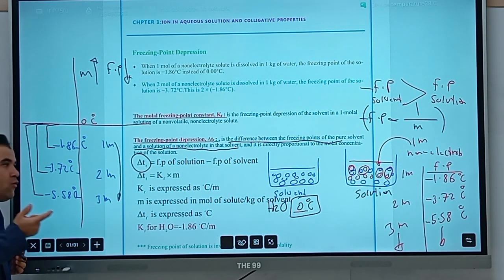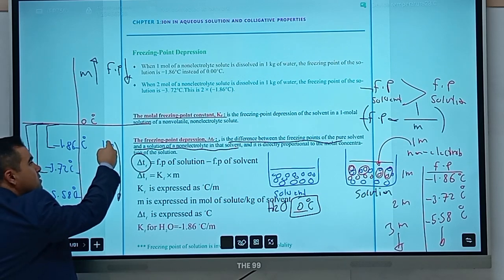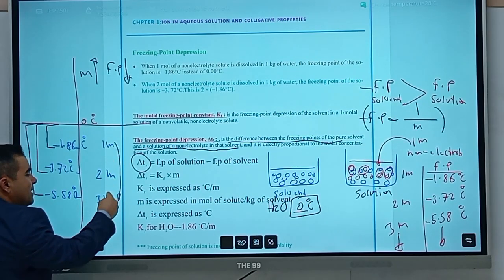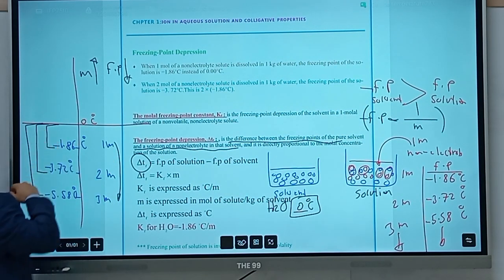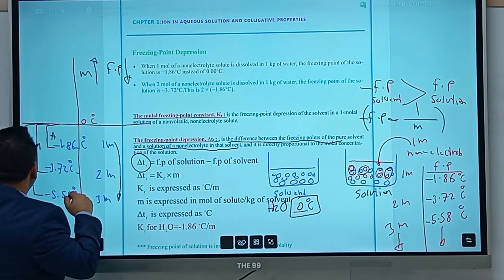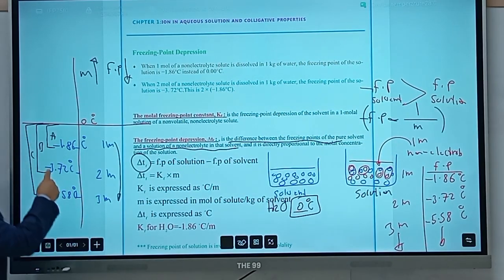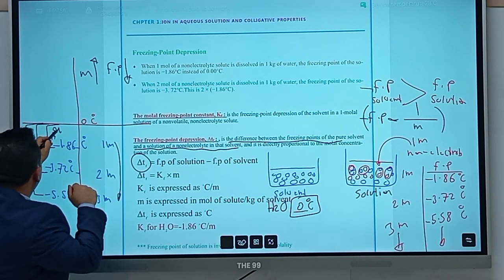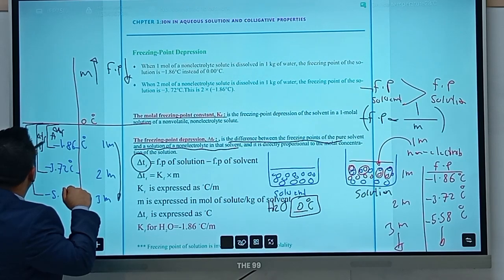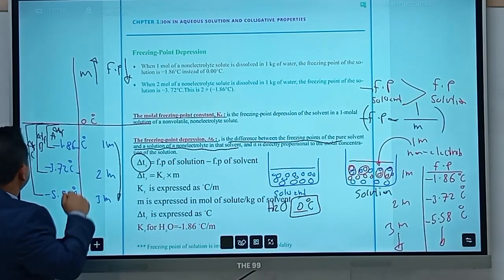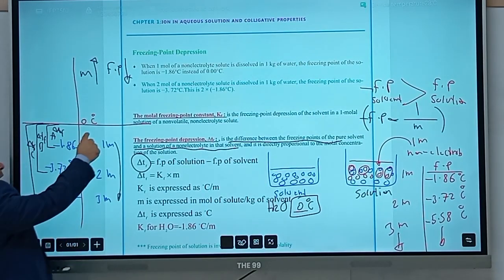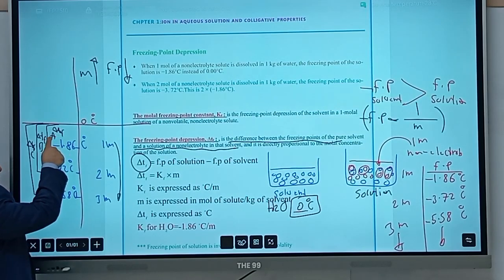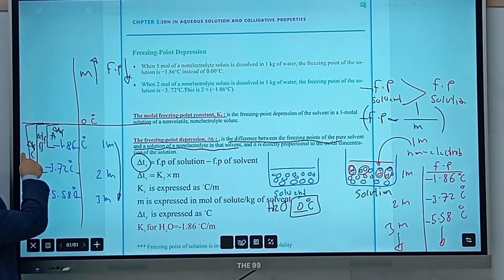Let us derive another relation. Guys, what happens as the molality increases? What happens to the freezing point depression, for example delta TFA, delta TFB, delta TFC? As molality increases, the delta TF also increases.